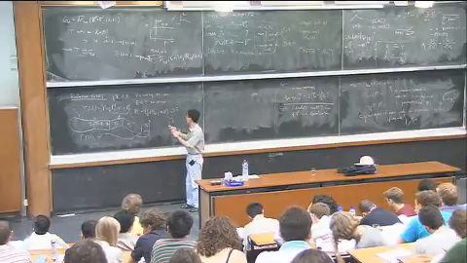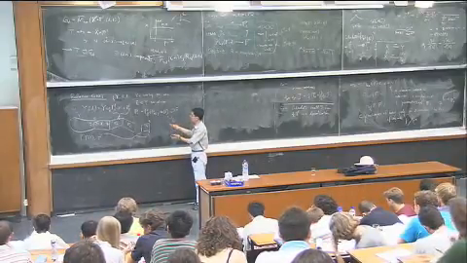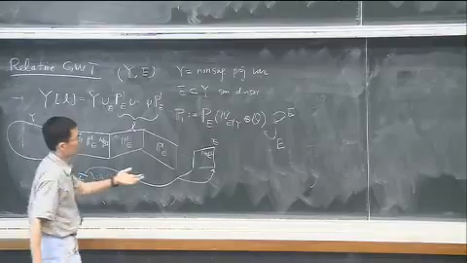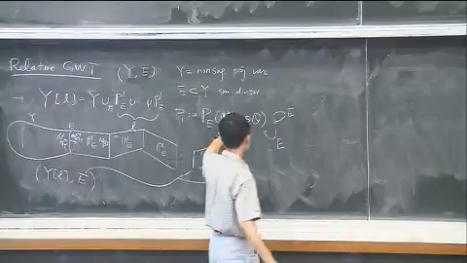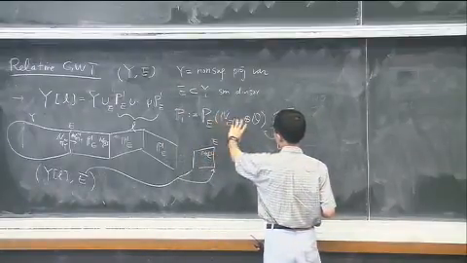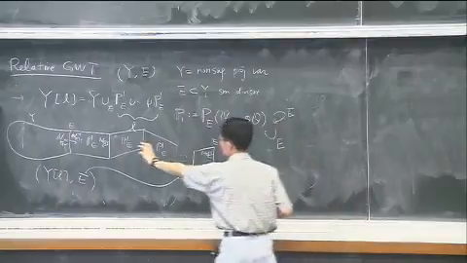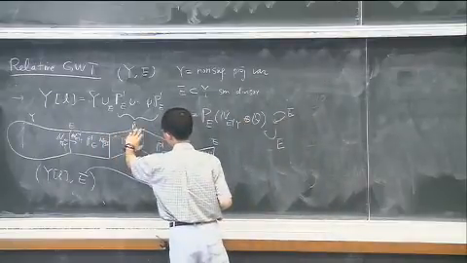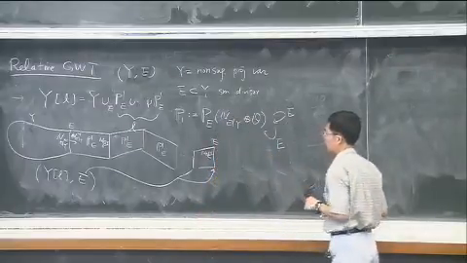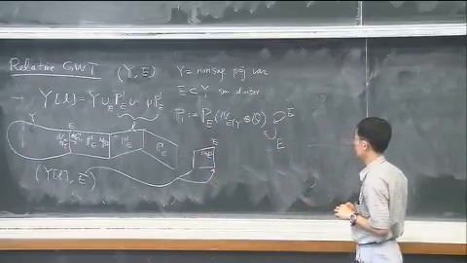I have two E's to glue, and I choose this E to be the zero section, and this will be the infinity section, which has normal line bundle N_{E/Y}.